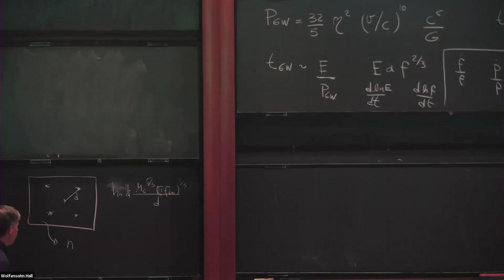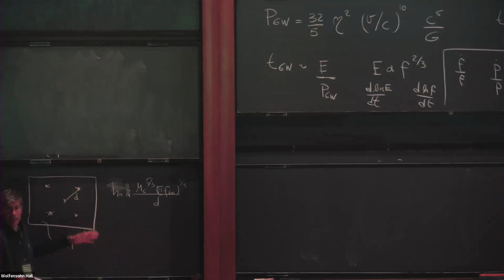So the easiest way to go about it is to think about these individual sources, and because they merged once, they've put out some amount of energy, which is this binding energy that I erased, right? So if I know the frequency, the binding energy is proportional to f to the 2/3. If I know the gravitational wave frequency that I am looking at, they put out in that frequency band a certain amount of energy. And this energy is here in this box somewhere, right?